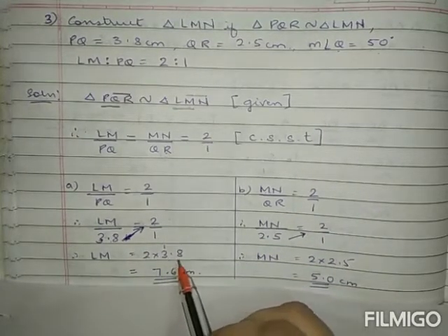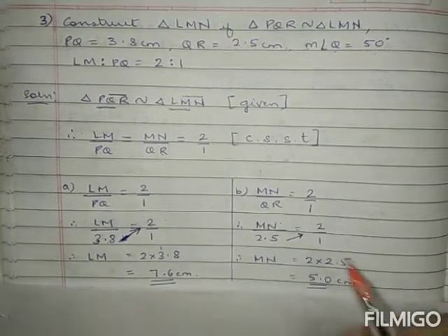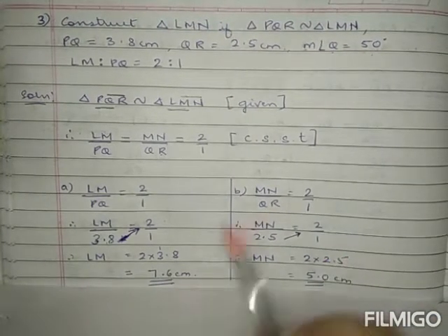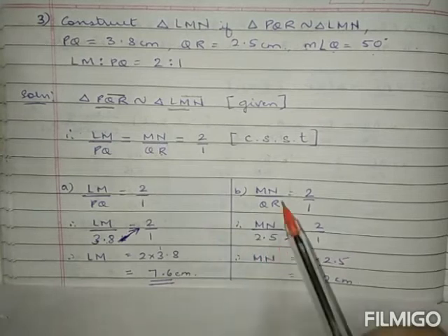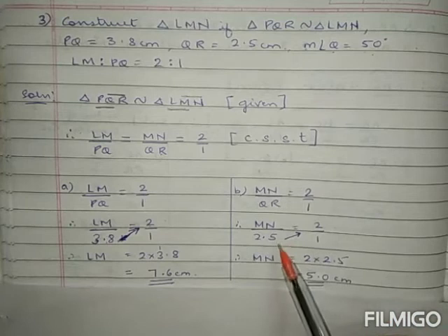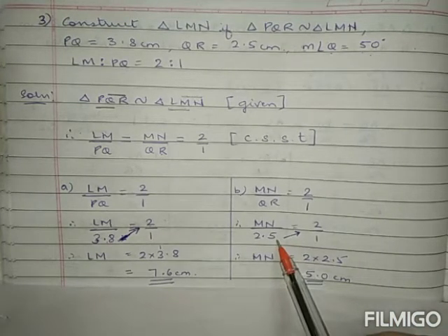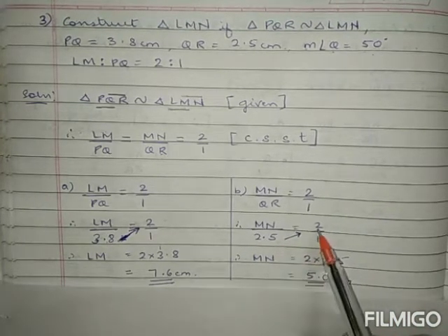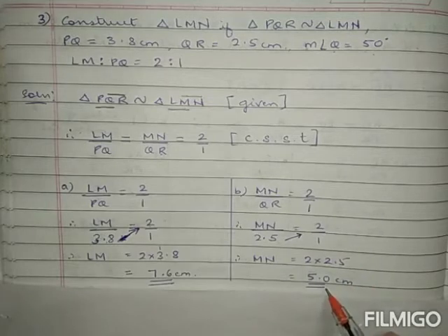So 2 into 3.8 is 7.6 centimeters. Similarly, we take the next ratio, which is MN upon QR is 2 upon 1. QR is 2.5, so we've substituted that. MN is 2.5 into 2, which is 5 centimeters.